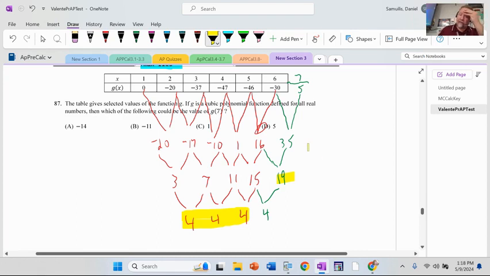So negative 30 plus 35 is 5. So we did that actually before we even did regressions. When models were perfectly quartic, perfectly cubic, perfectly quadratic, we could find future data values by doing this pattern. So that's why D is the answer.